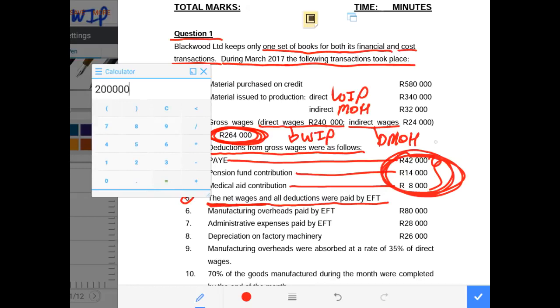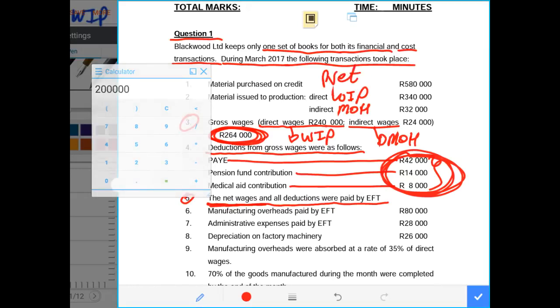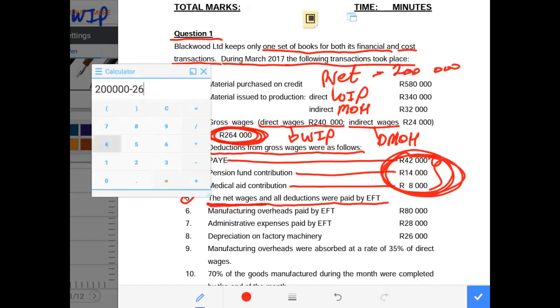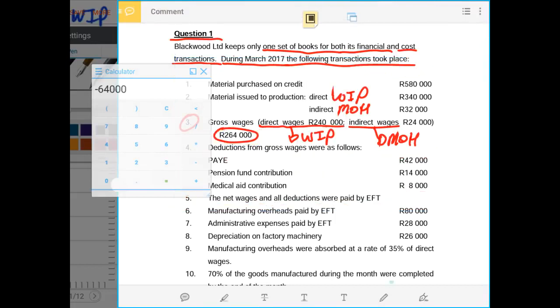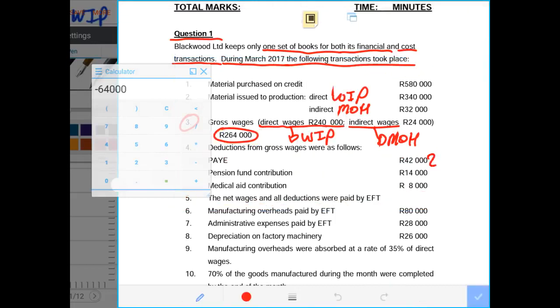Therefore, the net wage is equal to 200,000 rands. So if we say 200,000 minus 264,000 rands, this will give us the total deductions. Meaning our total deductions will amount to 64,000 rands.